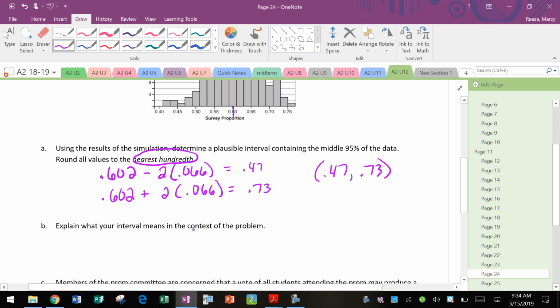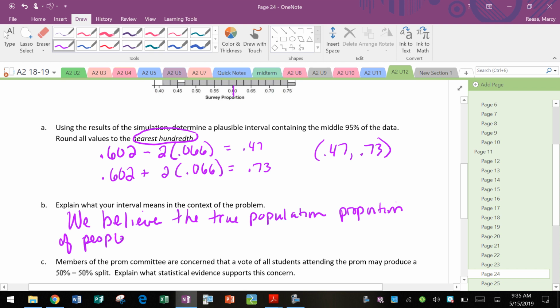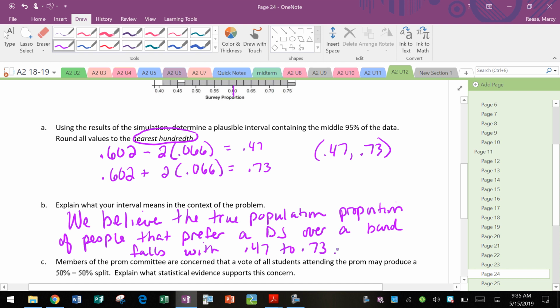Explain what your interval means in the context of the problem. Okay, so we believe, same wording as before, the true population proportion of people that prefer a DJ over a band falls within 0.47 to 0.73.